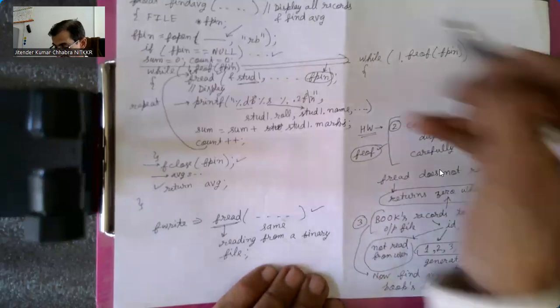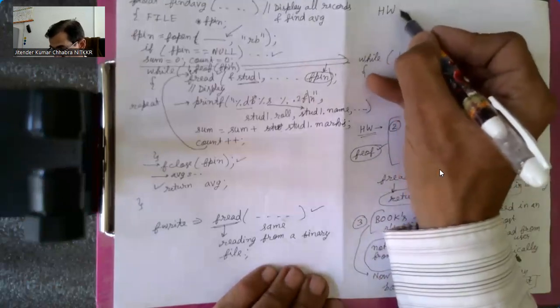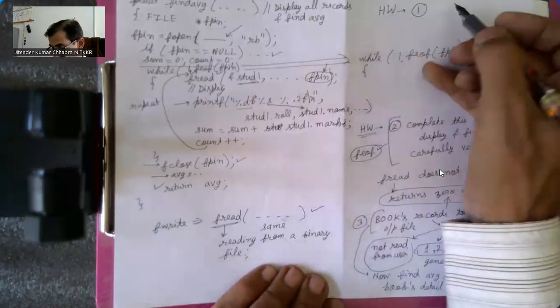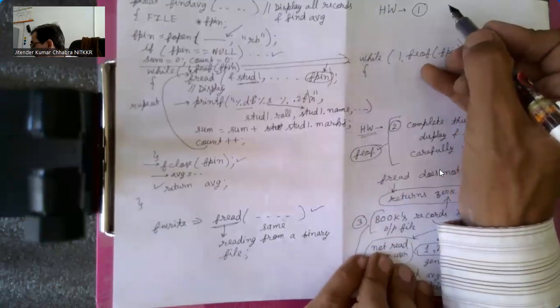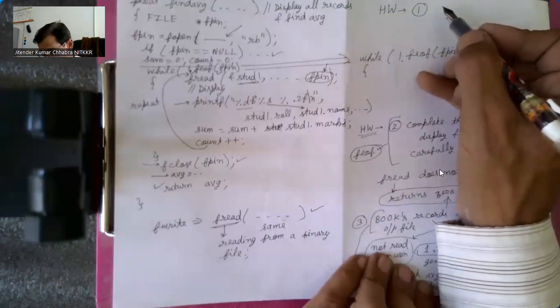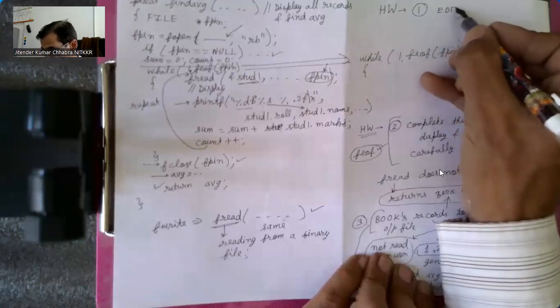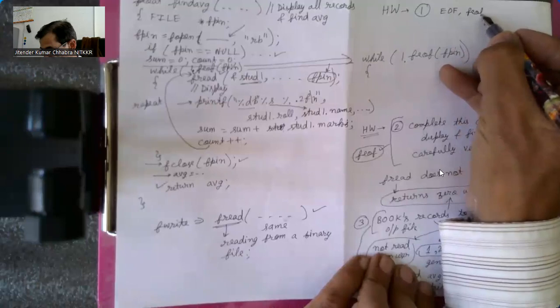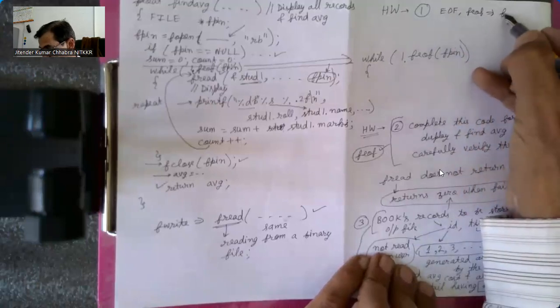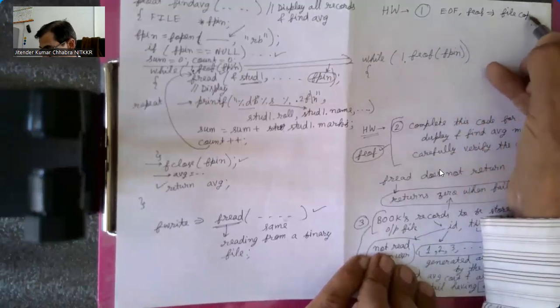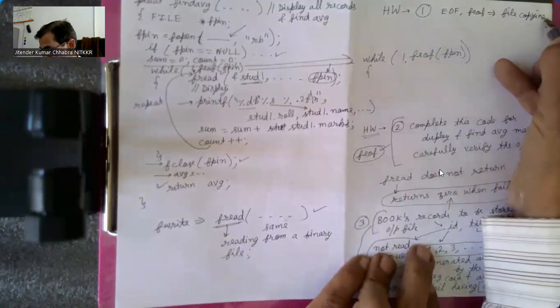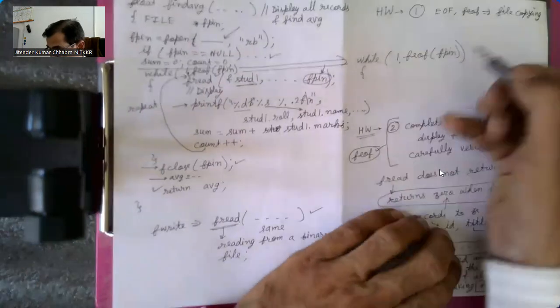So effectively, I will just reiterate the homeworks. I have given 3 homeworks. The first homework was based on my earlier files where we have used EOF as well as feof based file storage, file copying, etc. Both methods we have used.